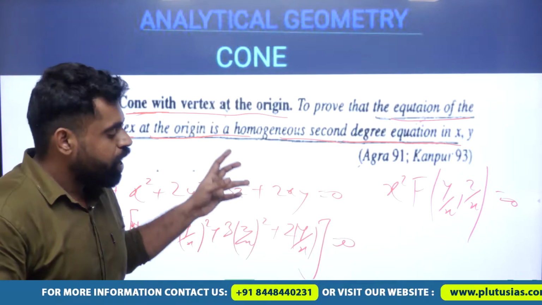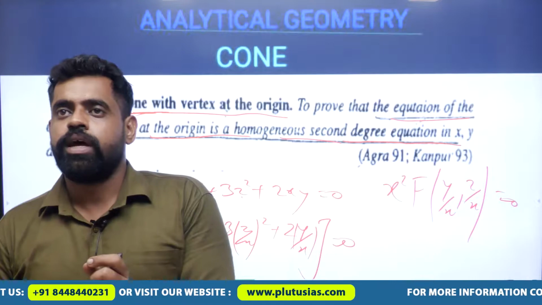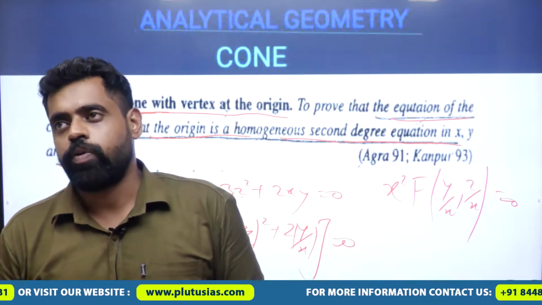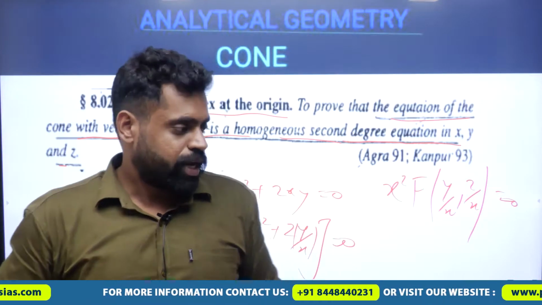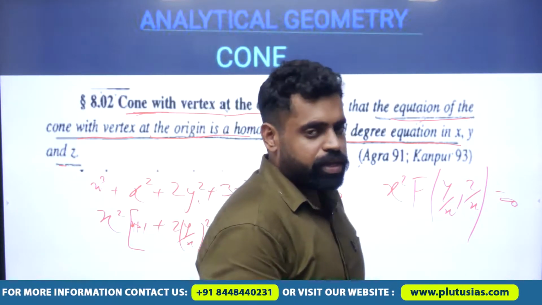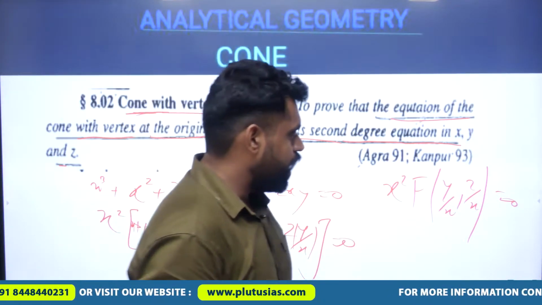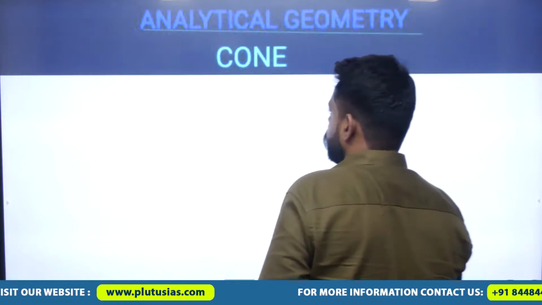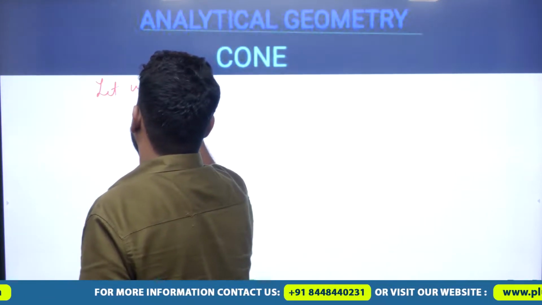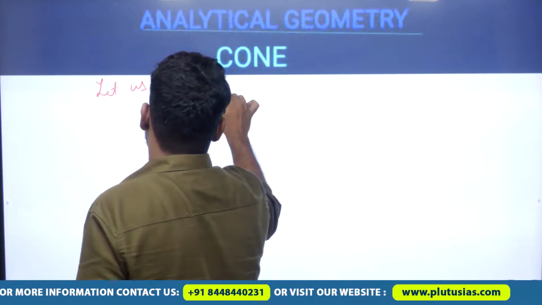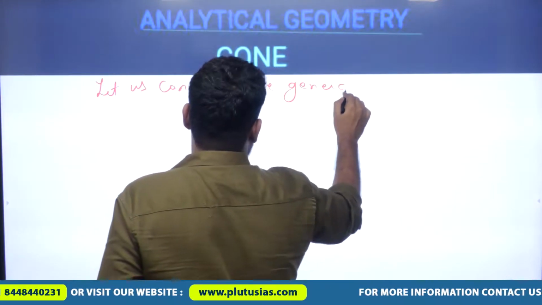Now we see that it is saying that the equation of a cone with vertex at origin is always a homogeneous second order equation. See, this won't come in your examination, but for your conceptual clarity I will show you. Let us consider the general second order equation.